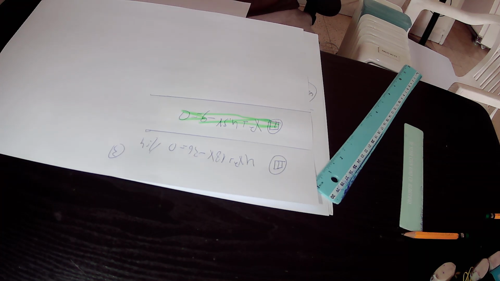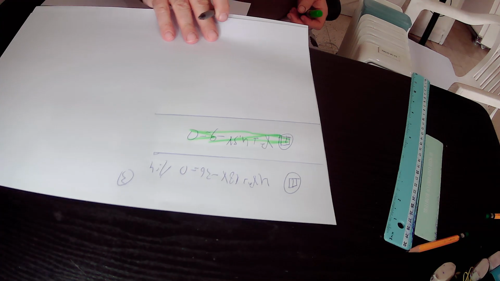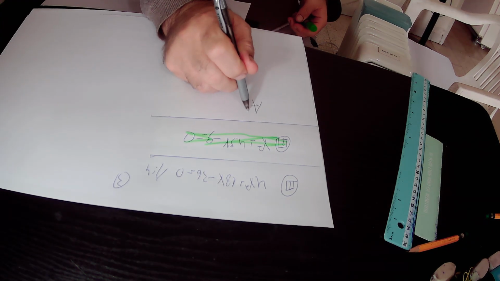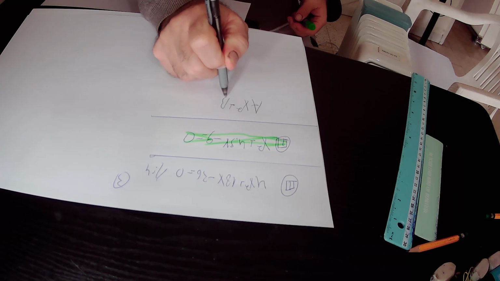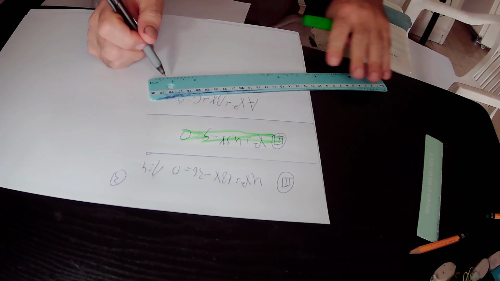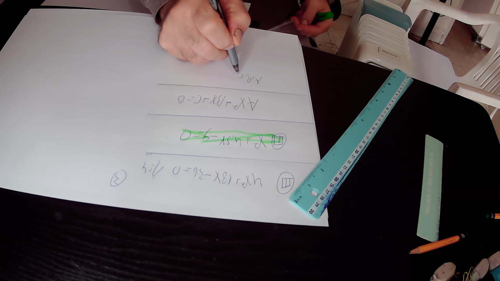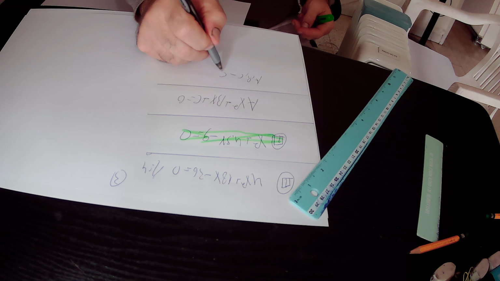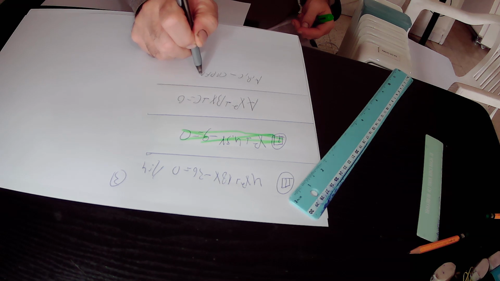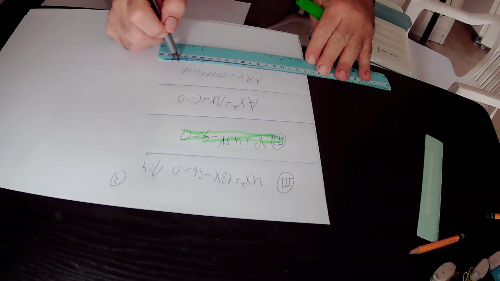So this is a quadratic equation. The general formula for a quadratic equation is as follows: ax squared plus bx plus c equals 0. In this general formula, a, b, and c are the coefficients of this quadratic equation, and x is the variable that we are looking for.